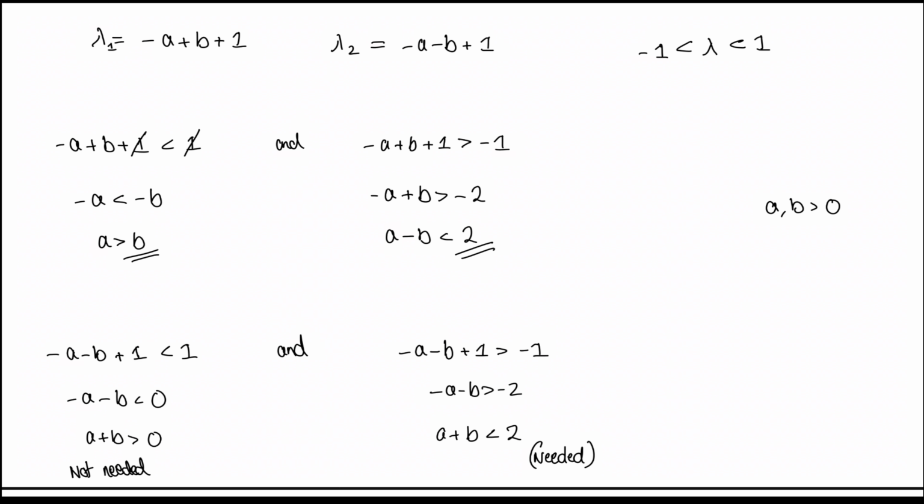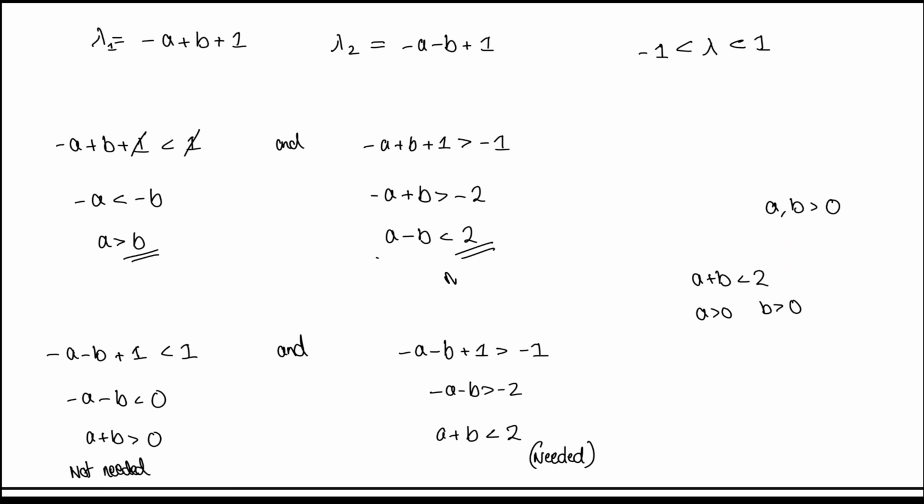If we then look at this inequality, it says a plus b is less than 2. So we have a plus b is less than 2, and we also have a is greater than 0 and b is greater than 0. So as we have these conditions, it just means we don't need to write this condition, because this condition can be inferred from these conditions.